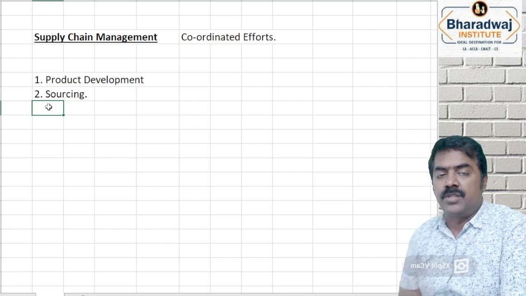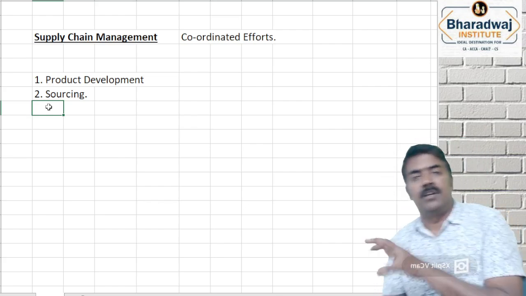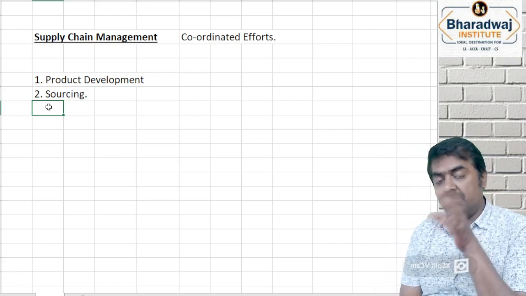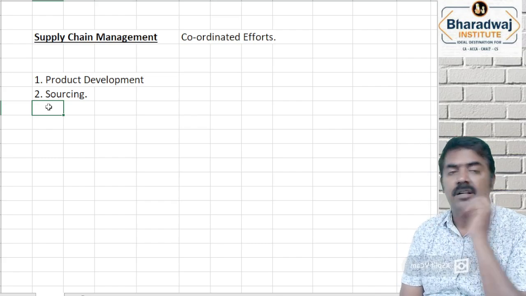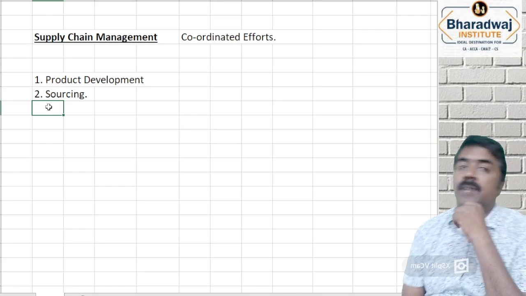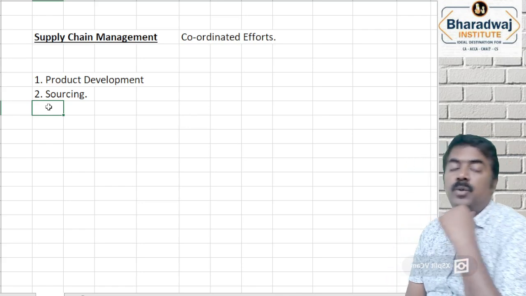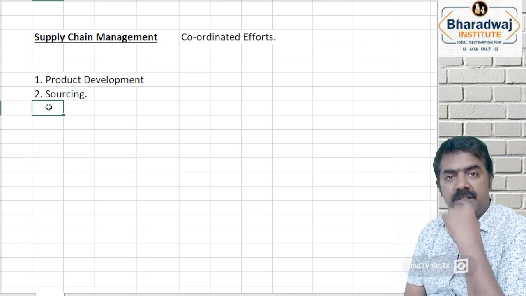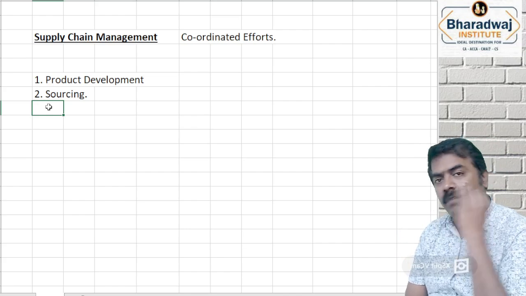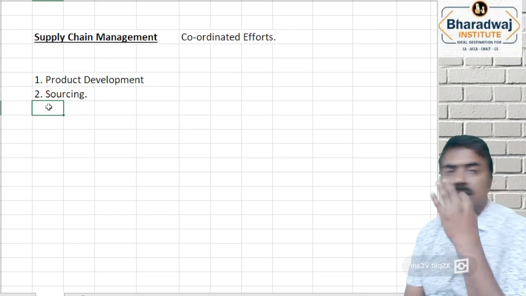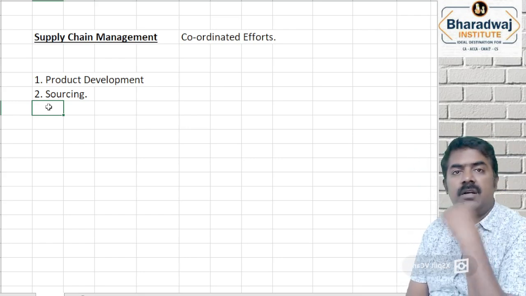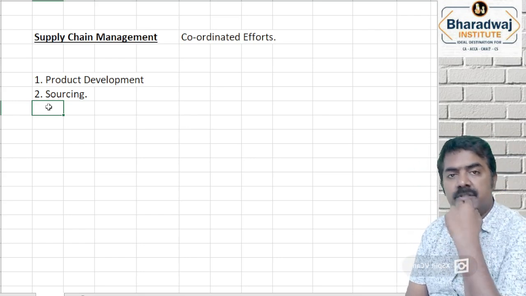And sourcing is another most important activity. Like product development, the product may be finest, but if you're not able to get the raw material, you will not be able to manufacture the product. For example, you want to start organic product manufacturing without pesticides, without chemicals, without artificial manures. You want to go with natural products.